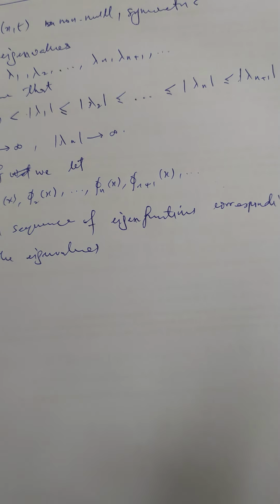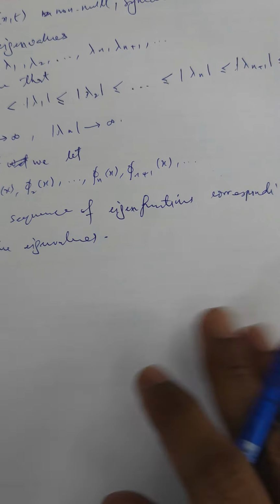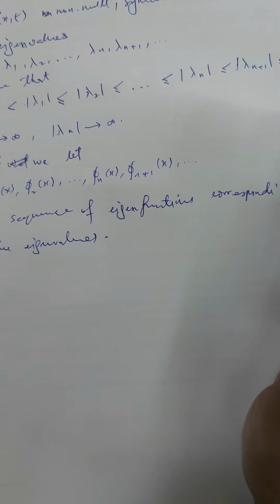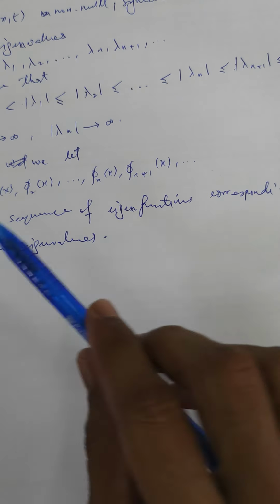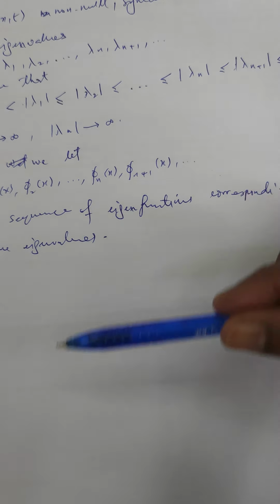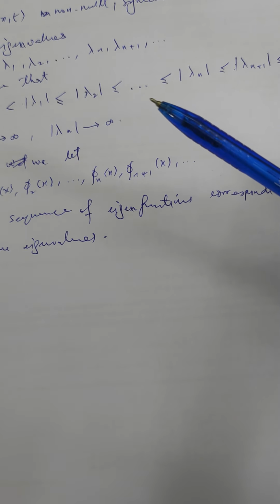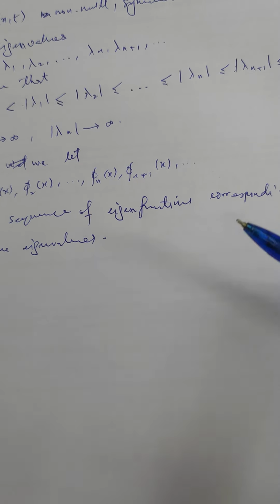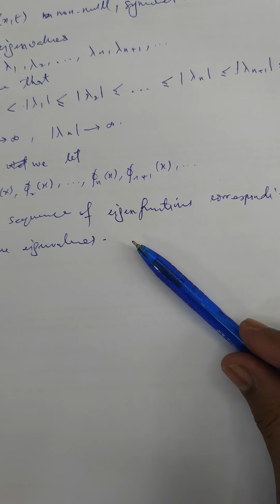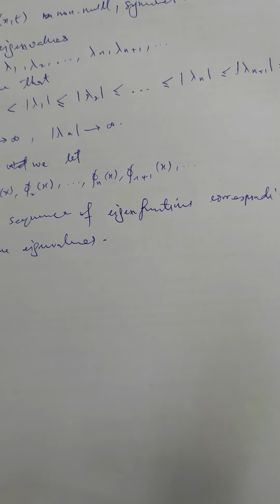And then we arrange these eigenfunctions in such a manner that they are not repeated. That means if you have two same eigenvalue eigenfunctions, we just consider one. So we rearrange those things, corresponding to each eigenvalue, so that they are not repeated and they are linearly independent.